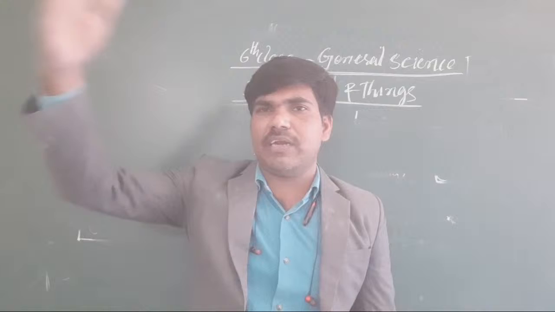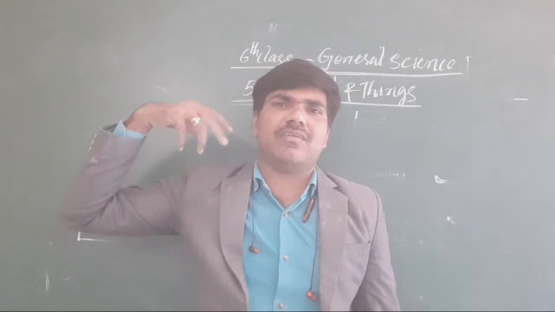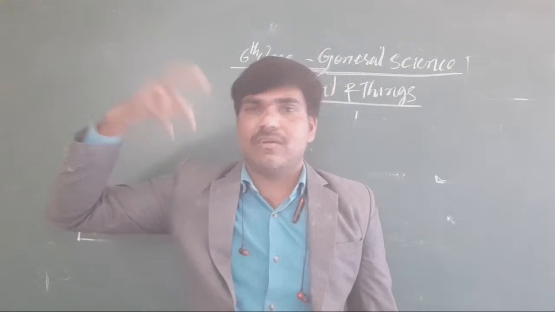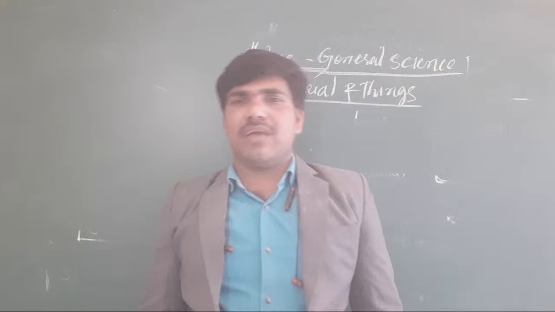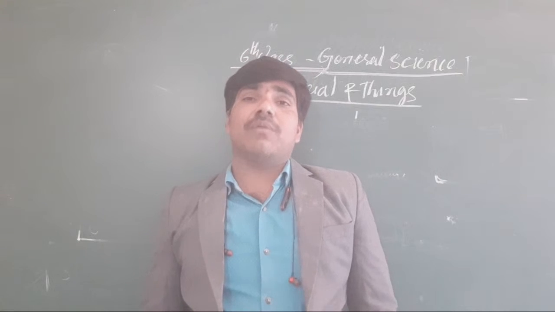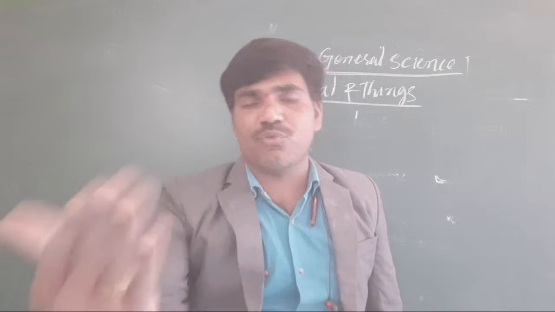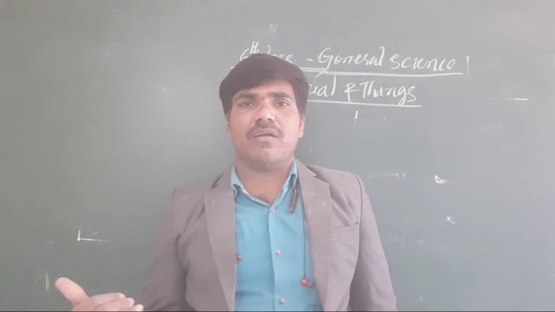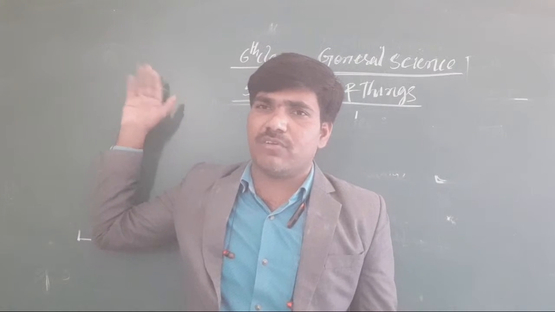The tube light's light will fall on me. Now the total light that falls on me will not all come towards you. Some amount of light is absorbed by me, some amount comes towards you. Clear or not, all of you? Some amount of light may go back like this. That's why the shadow is formed.